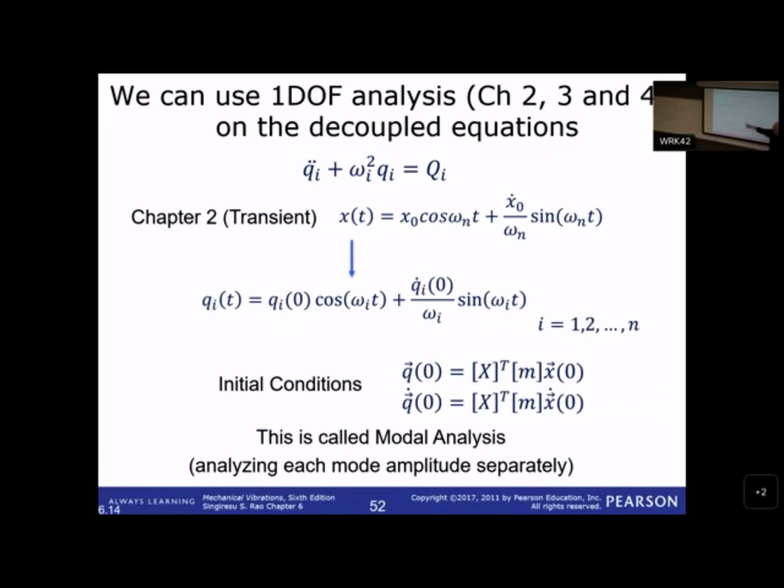Our initial position of our mode shape is X transpose times M times the initial condition.